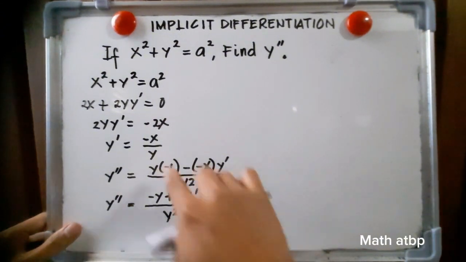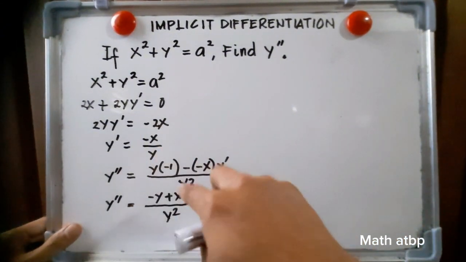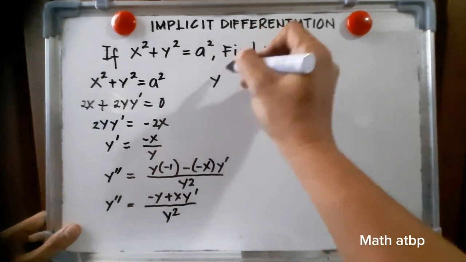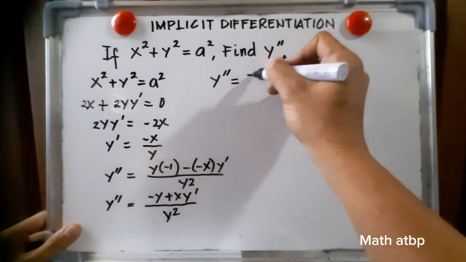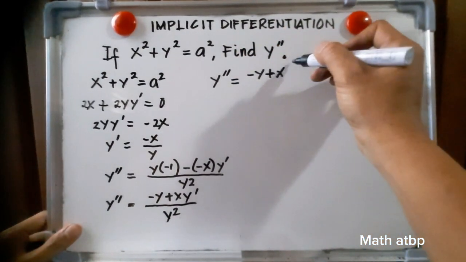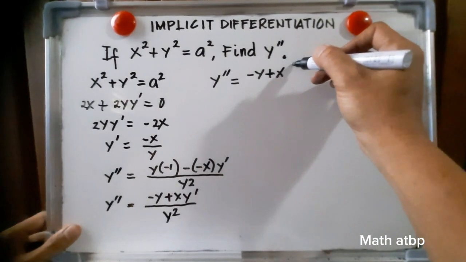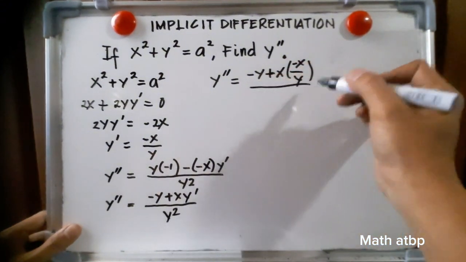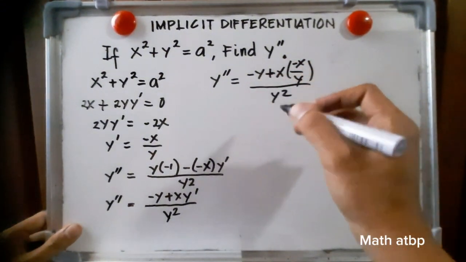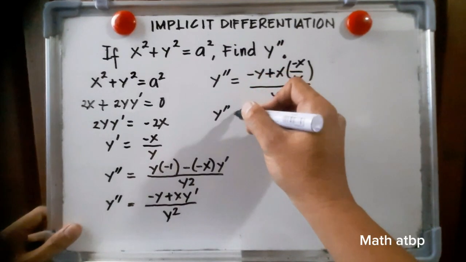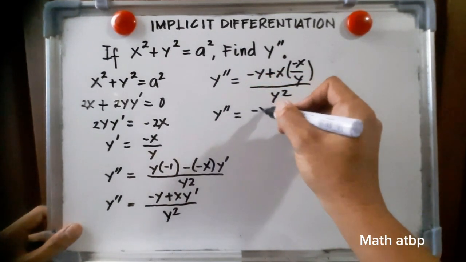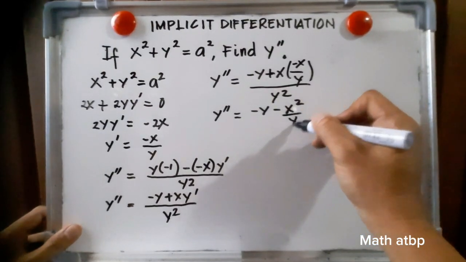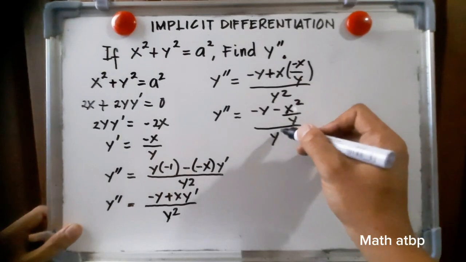But y prime is defined as negative x over y. Let us substitute now y prime. Y double prime is equal to negative y plus x times y prime, which is negative x over y, all divided by y squared. Okay, so y double prime is equal to negative y minus x squared over y, all divided by y squared.